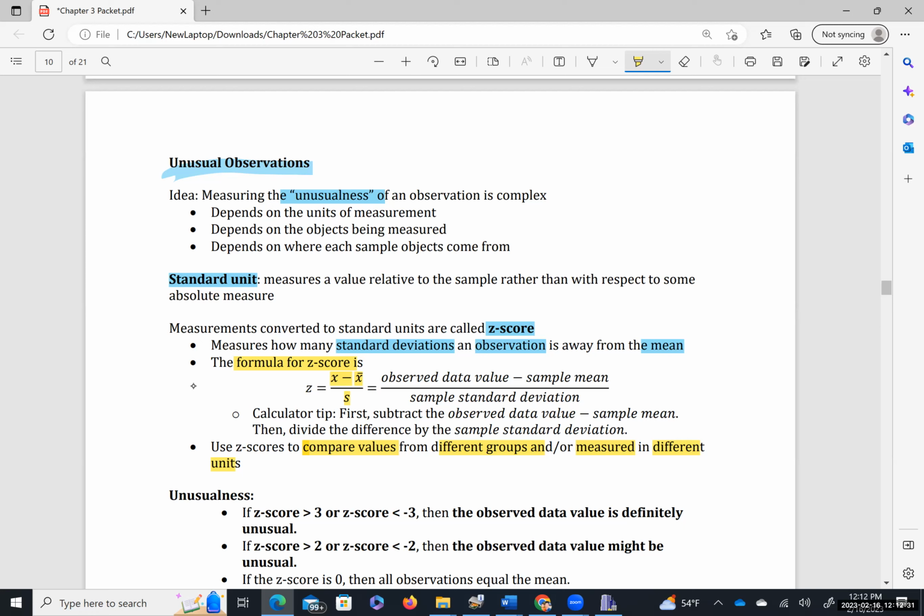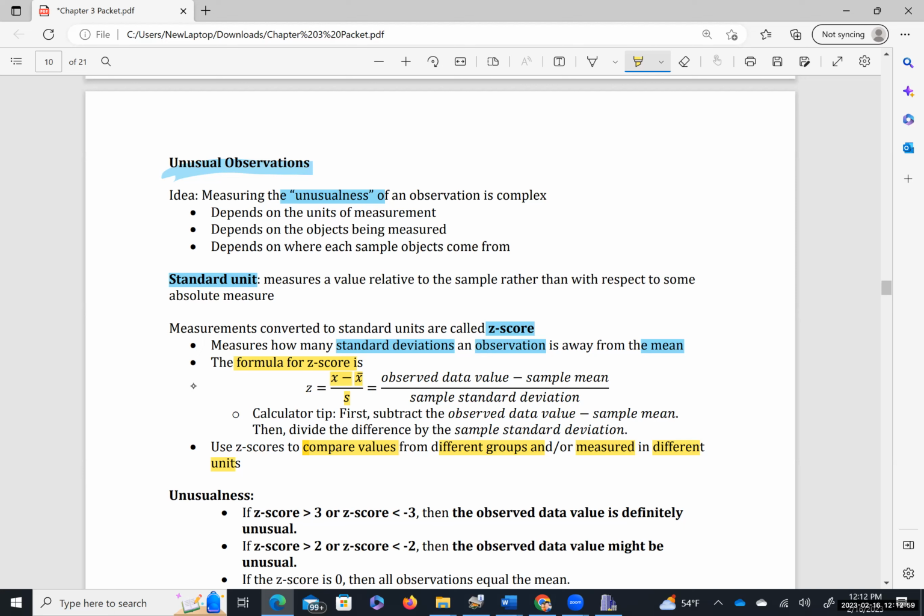But when I moved to the United States, GPA changed to be from 1 to 4. So how can I evaluate myself, or can we transfer my GPA from my home country to here? The z-score is one way to help us with that.